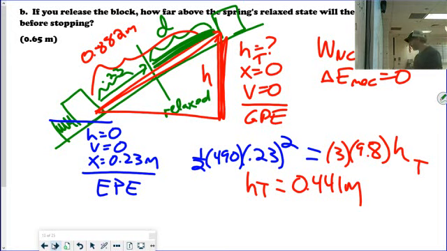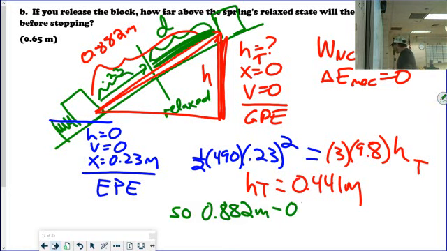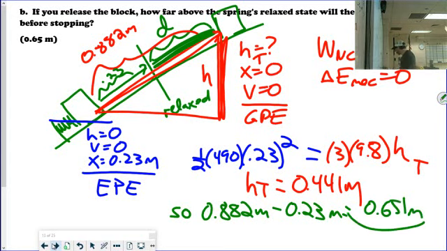So 0.882 meters minus the 0.23 meters we had originally squashed the spring, and that gives you 0.651 meters. Bam. All right. So what's significant about this problem is there aren't any non-conservative forces.